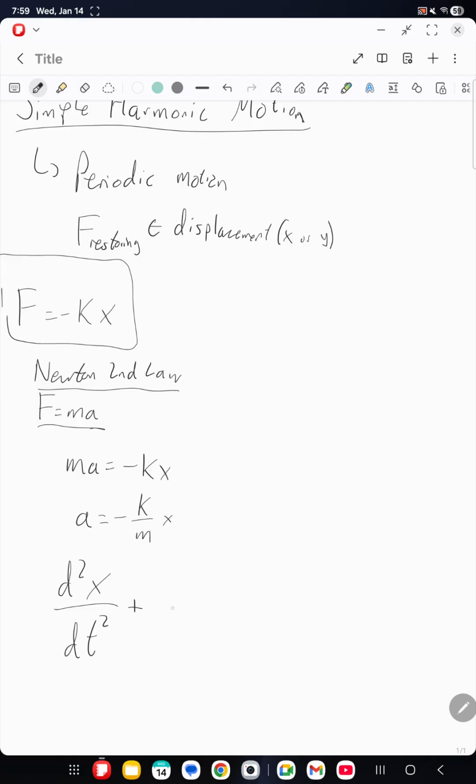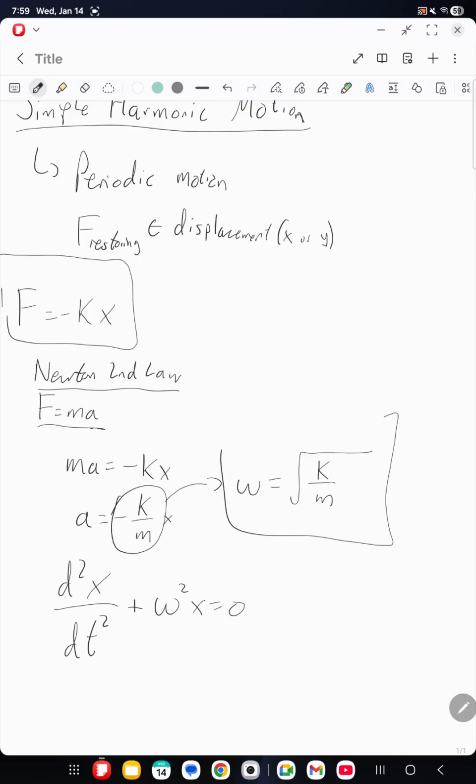plus omega squared x, where omega is the angular frequency, is equal to 0. So essentially what we did is that k over m is omega squared. Omega is equal to the square root of k over m, which is the angular frequency.